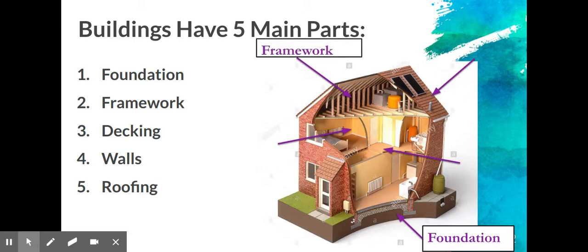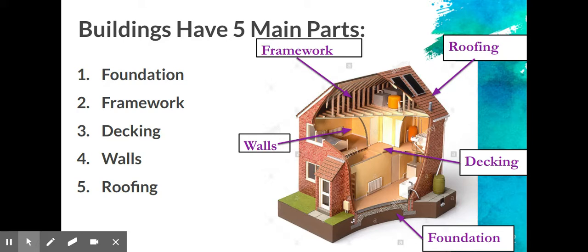The framework is kind of the skeleton of the house itself. The decking is whatever we're actually stepping on, so it's usually where our floors are. Walls, I think we all know what walls are, and roofing is obviously at the top of the house. That's our roof. So you can pause the video, drag and drop, and type in the five main parts.